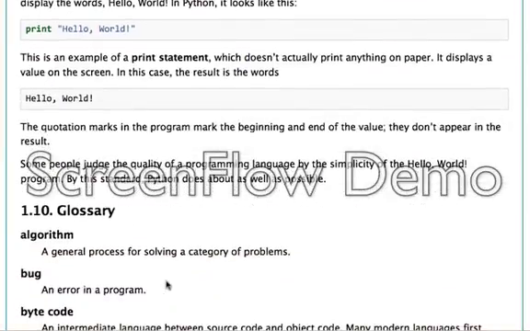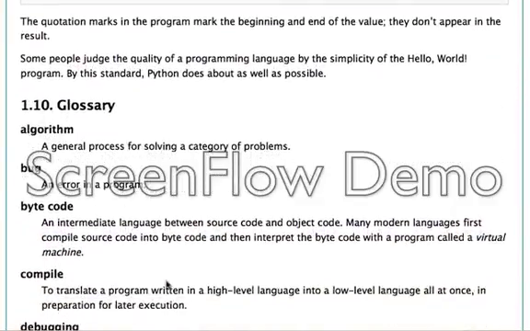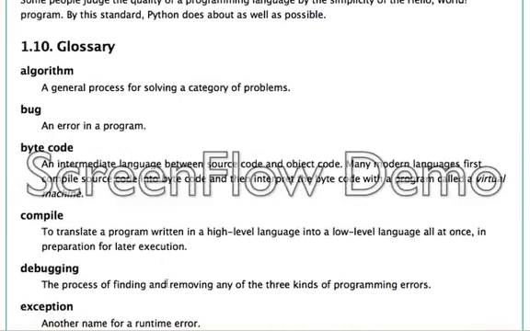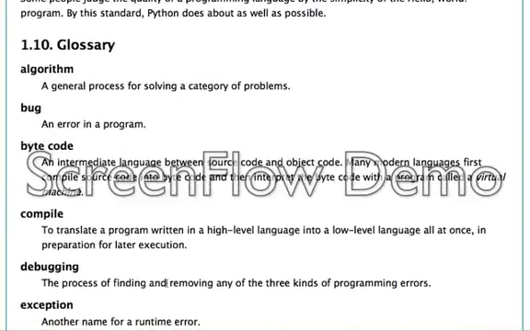Section 1.10, the glossary. Algorithm: a general process for solving a category of problems. Bug: an error in a program. Bytecode: an intermediate language between source code and object code.